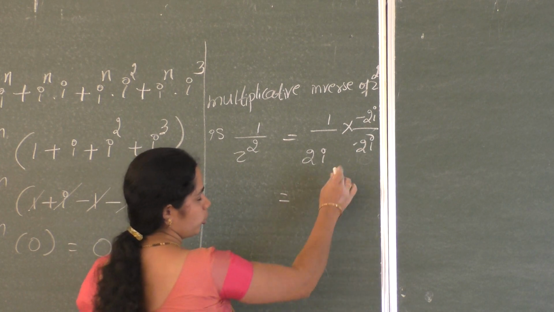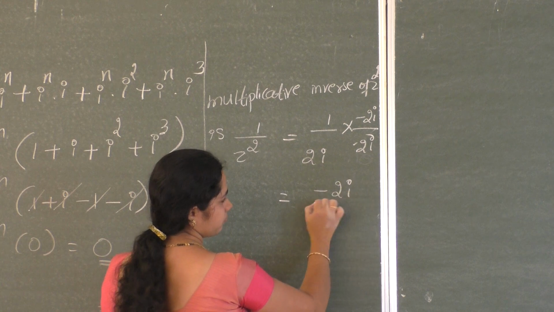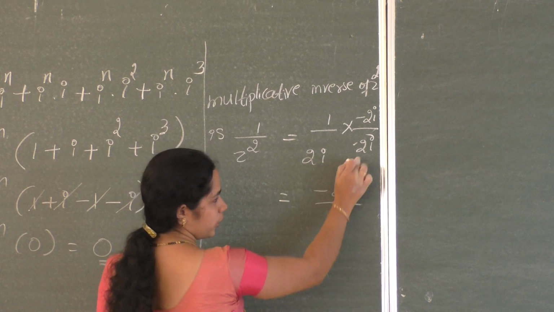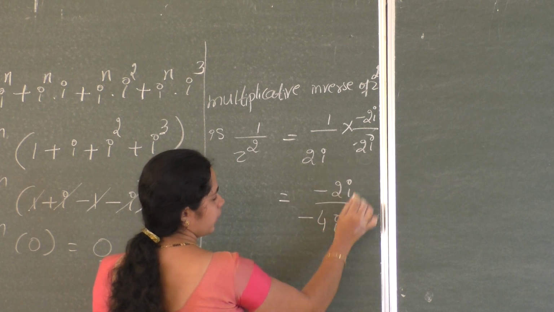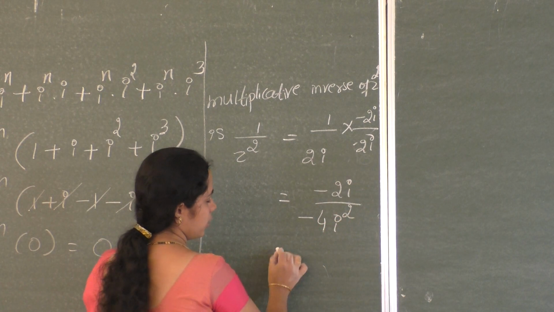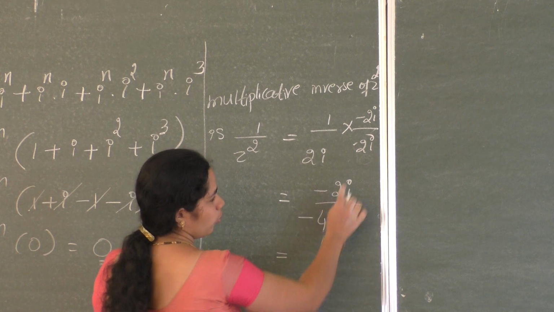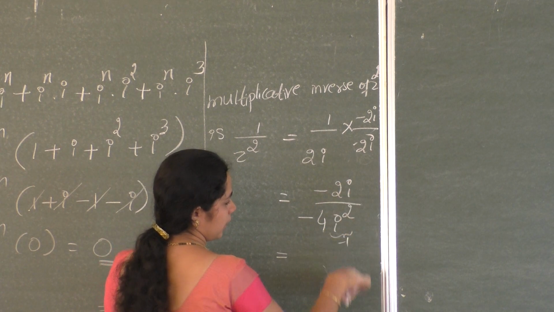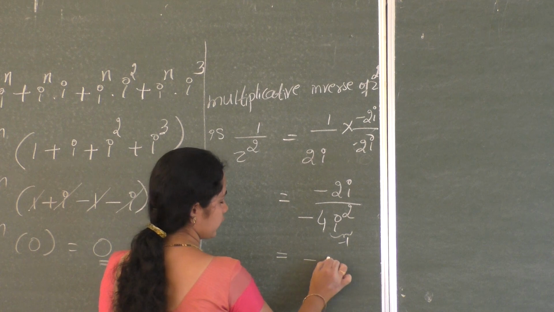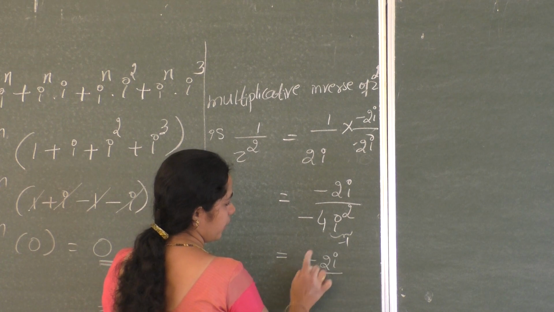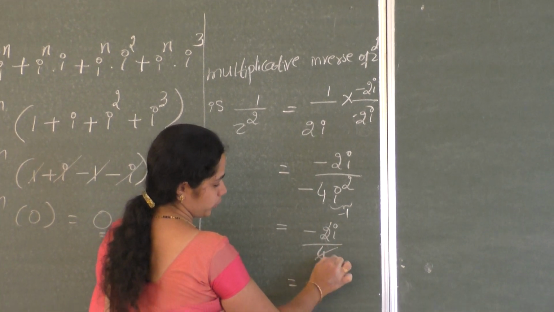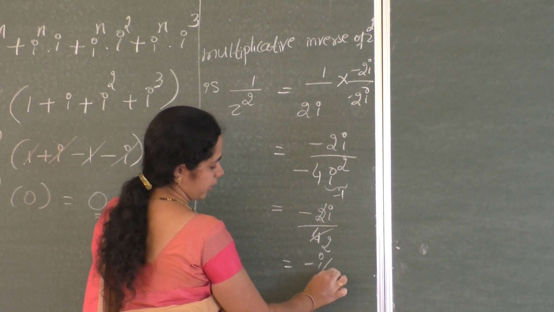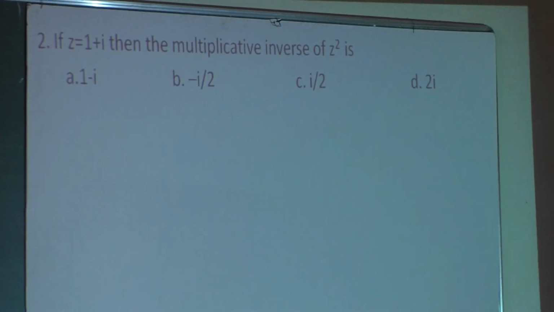So this is equal to minus 2i divided by 2 into 2 is 4, minus i into i is i square. What is i square? i square is minus 1, so minus 2i divided by 4, the 2s cancel, so minus i by 2. Now the option B.